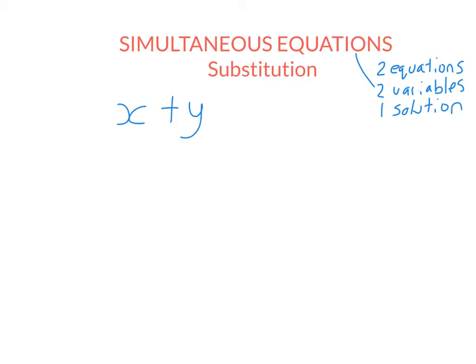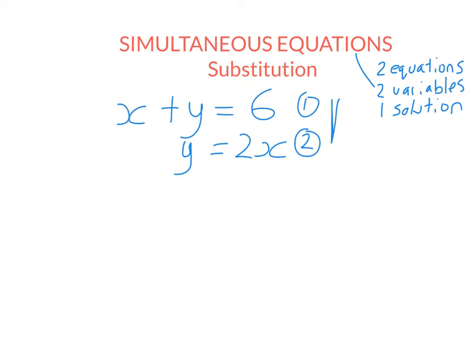So x and y are the two variables. We've got two equations, and we want to find a value for x and y that solves both of these equations at the same time.